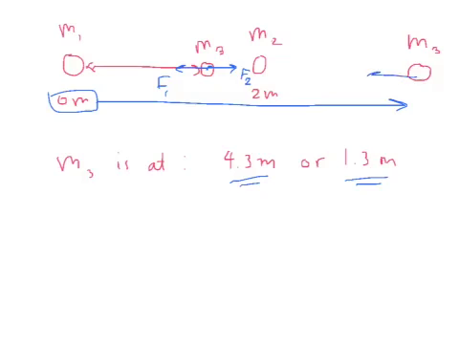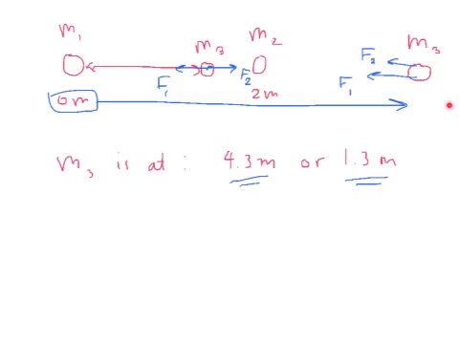Well, F1 would pull it toward mass 1, and mass 2 would pull M3 toward mass 2. So F1 and F2 could not possibly cancel out if our third mass were located over here. So 4.3 is not a viable solution.